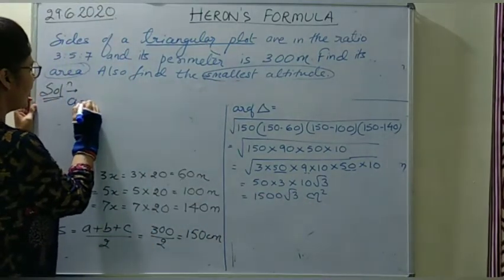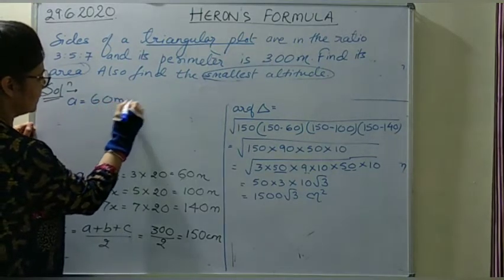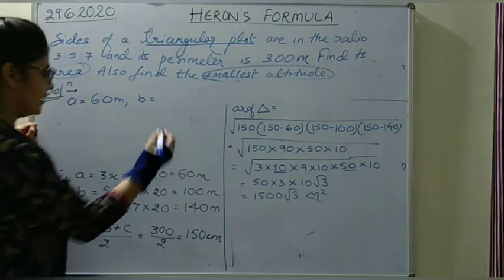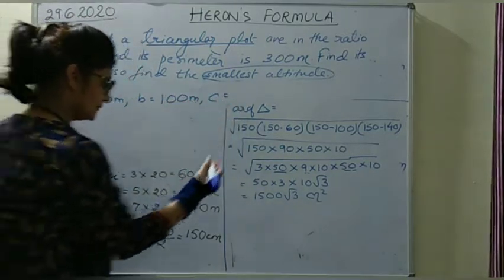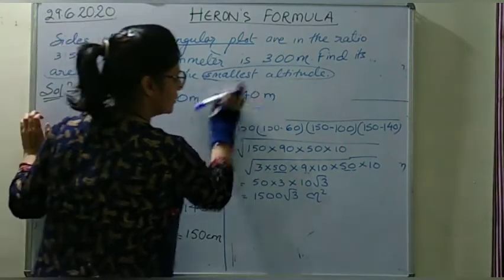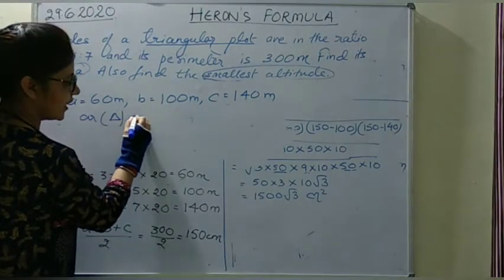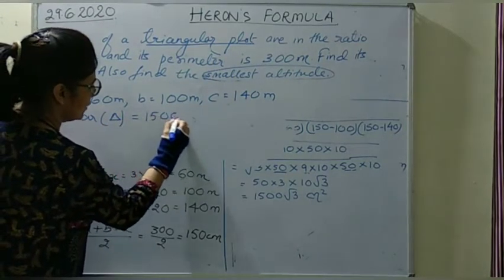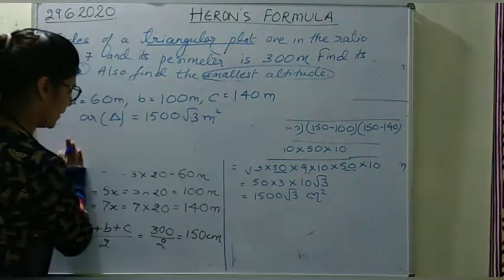So what do we have? Sides: A is 60 meter, B is 100 meter and C is 140 meter. And what is the area? Area of the triangle is 1500 root 3 meter square.